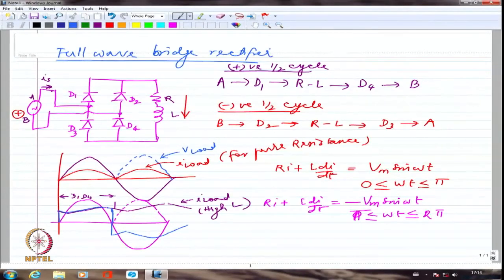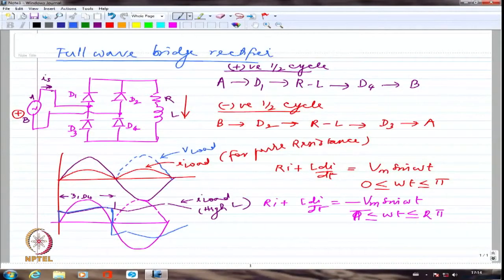In the negative half cycle, whatever load current I am having, just the negative of that comes up as the supply side current. So I will have positive current and negative current equally visualized on the supply side.